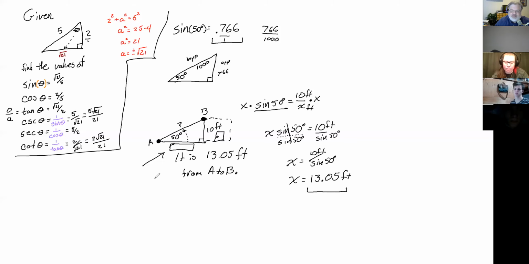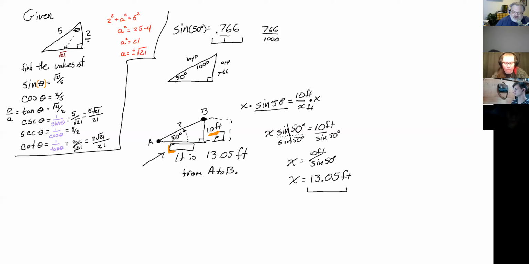So let's talk about some of those options. Often one of the good ways to decide which trig function to use is we look at what we know and what we want. In this particular case, we know the 10 feet and we want this bottom length.